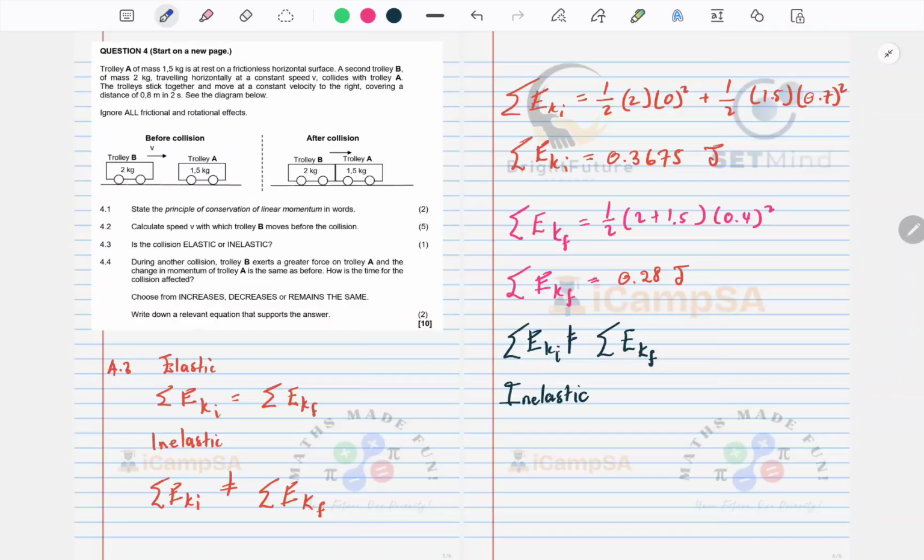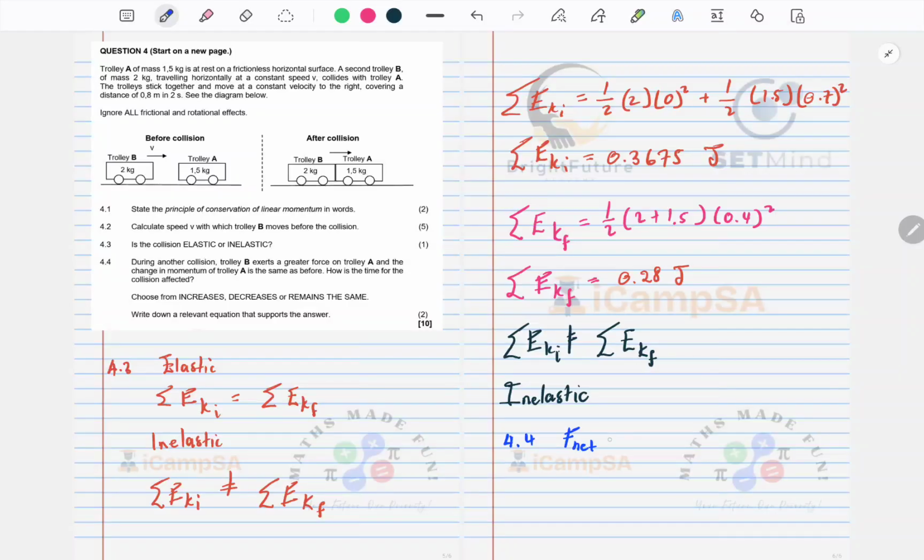Okay, so here we are going to use 4.4. We are going to use impulse, because we are talking about force, time, and change in momentum. You should listen carefully to the statement. What does the statement say?